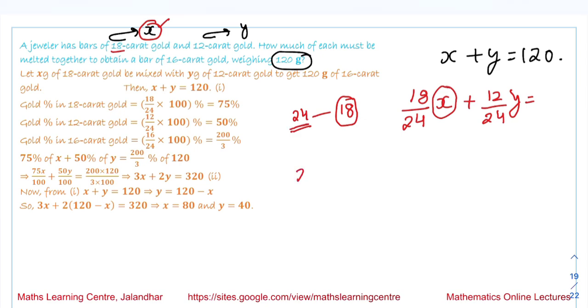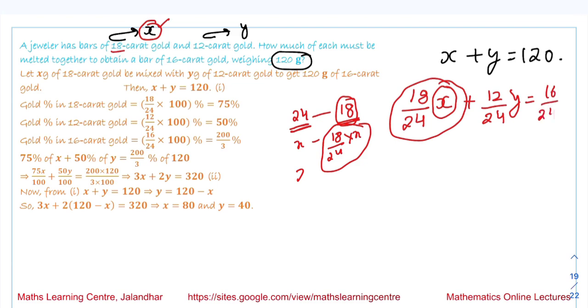If it is 24 karat gold, 18 is its purity value, then if we have x, it is 18 by 24 into x. Similarly, the final answer we require is 16 karat, so it is 16 by 24 into the total weight we require, which is 120.